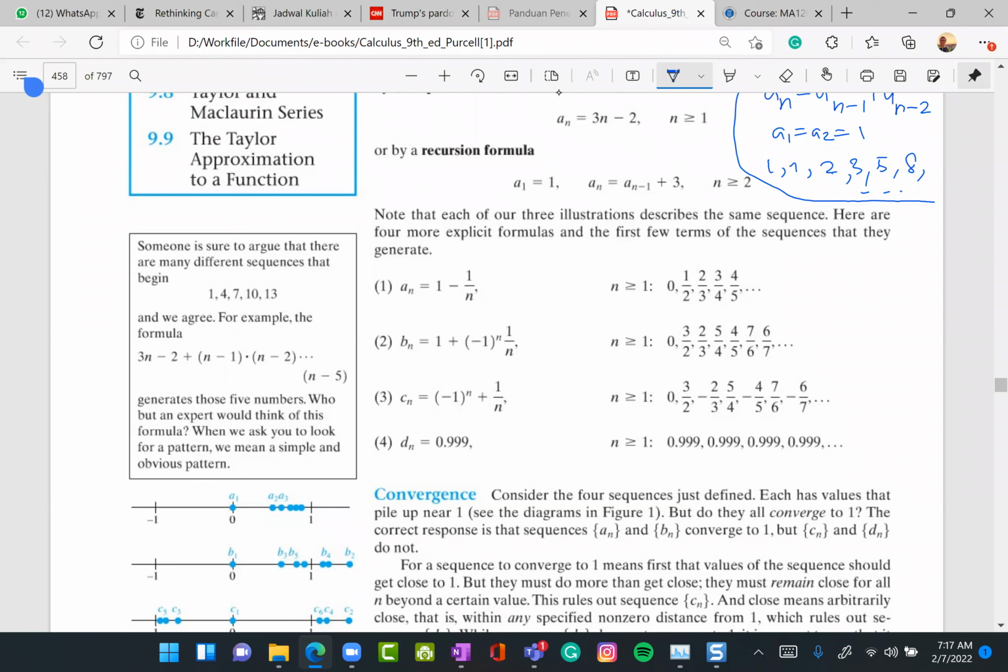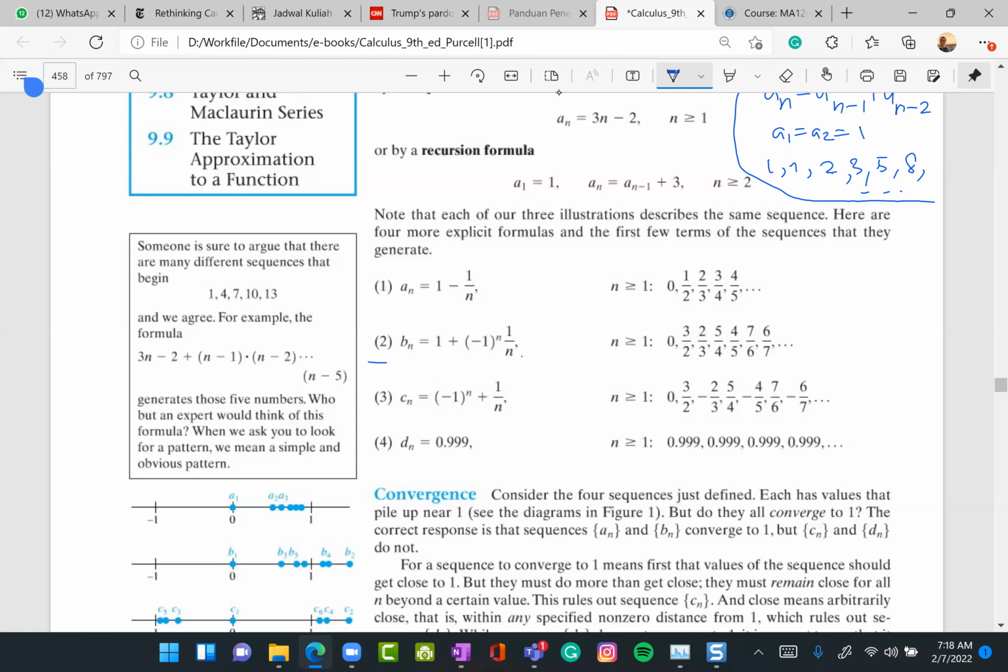For the second example, you also get an explicit formula: 1 minus (negative 1) to the n. So n is odd, even, odd, even, odd, even. It takes turns. So sometimes it is plus, sometimes it is minus, and we add it to 1. So sometimes it's slightly below 1, and sometimes it's slightly above 1, right?